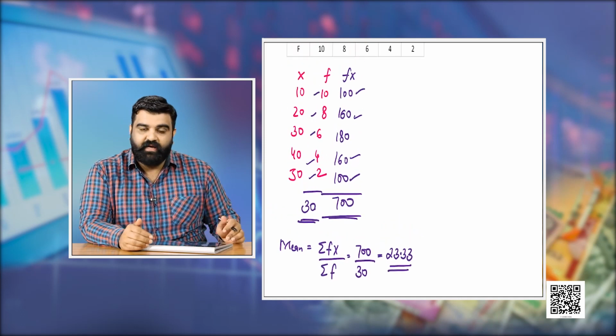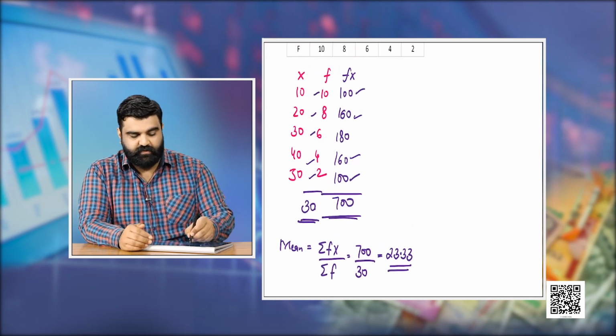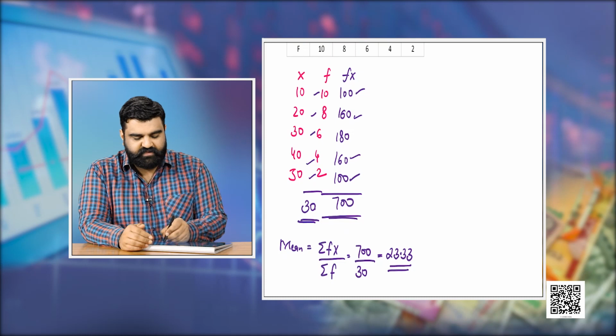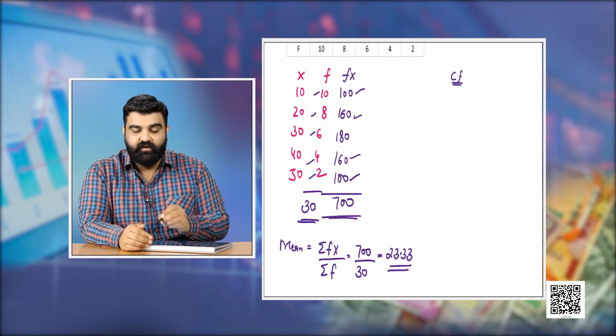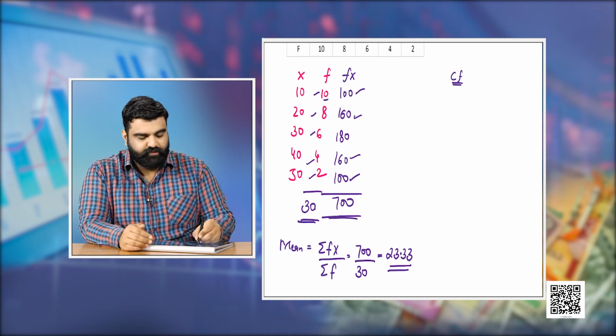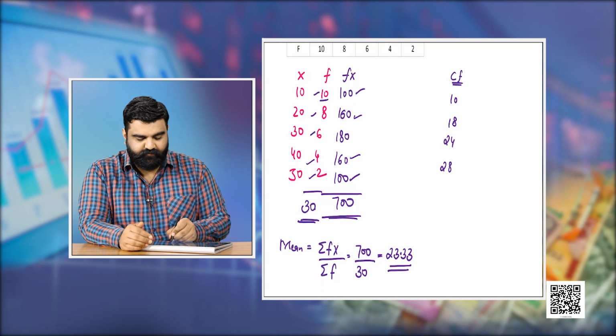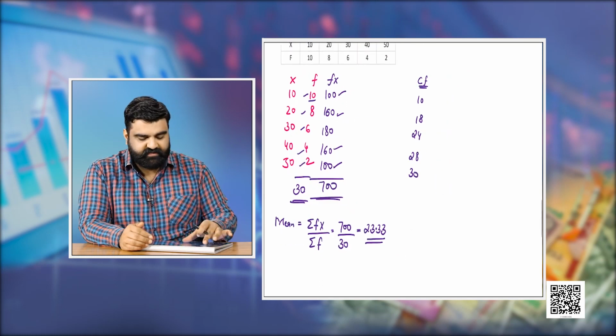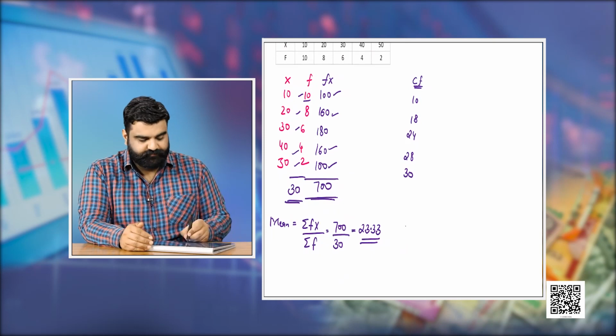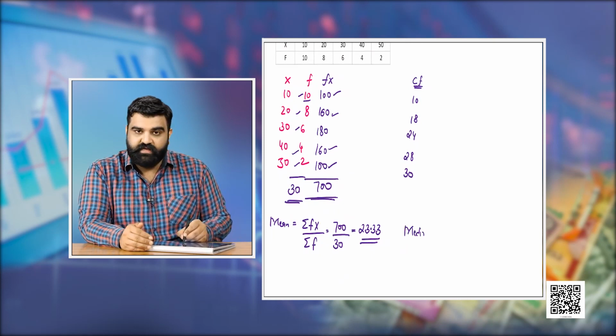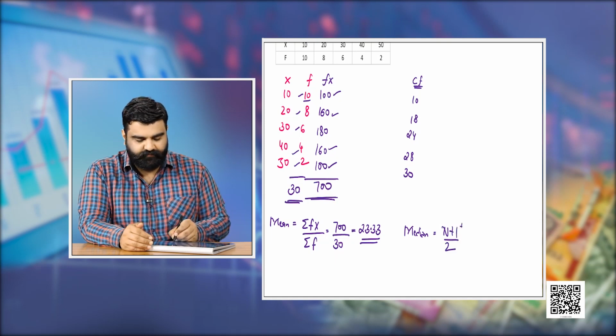Now, let us calculate the median for the series. To calculate the median, we will first have to cumulate the frequencies, which is Cf. So, 10 plus 8 is 18, plus 6 is 24, plus 4 is 28, plus 2, which will be 30. To calculate the median, we will be using the formula (n plus 1) by 2th term.